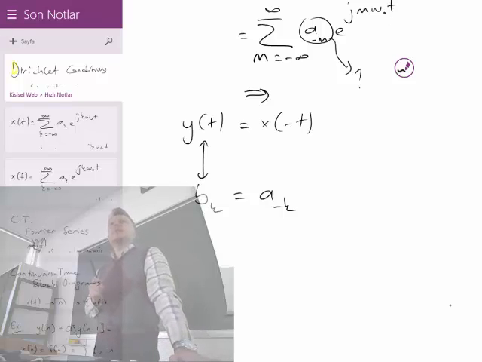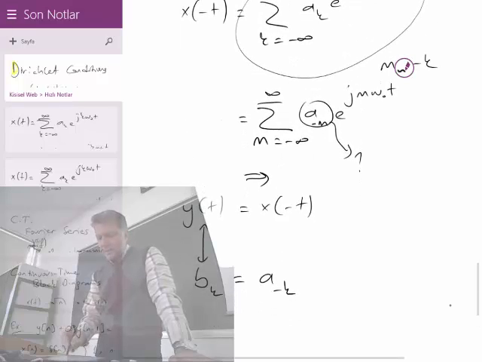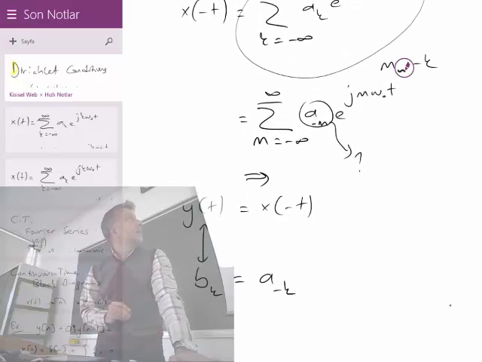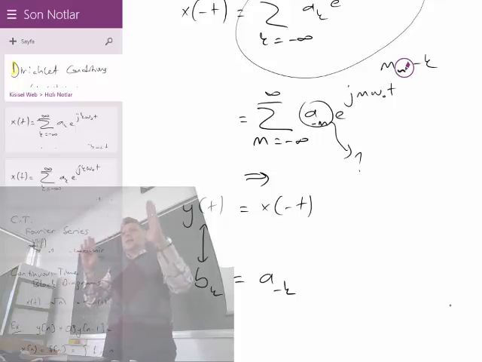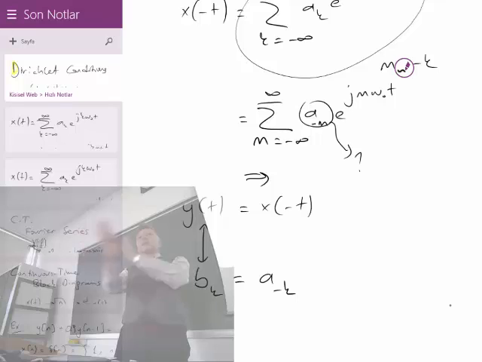Just an index negation. Because, as you see, we have a minus m here as the Fourier series coefficient. The Fourier series coefficients are flipped around the zero frequency.